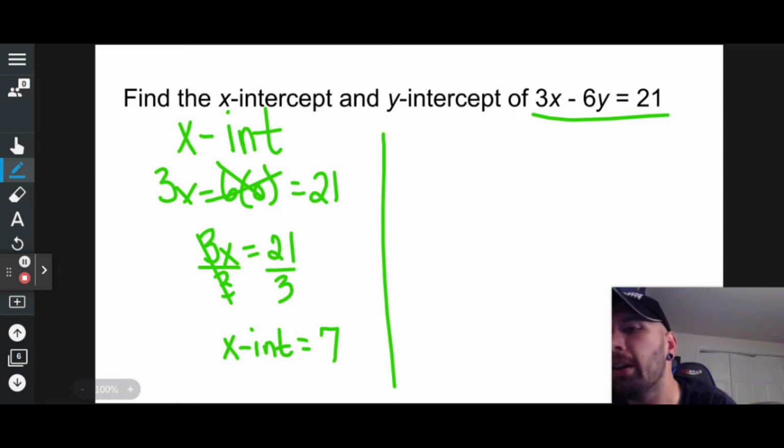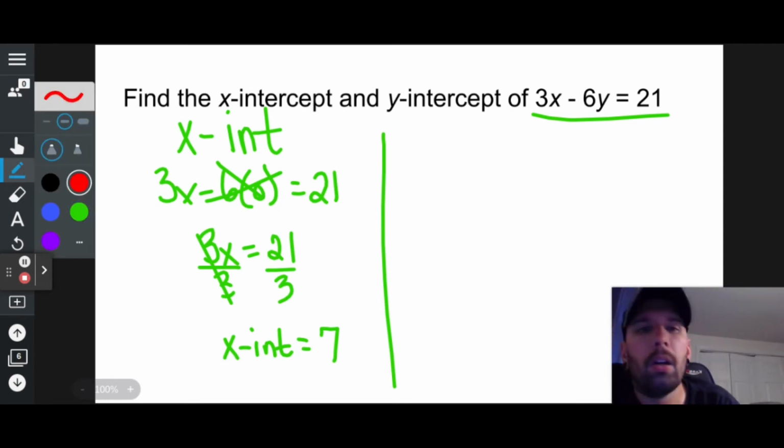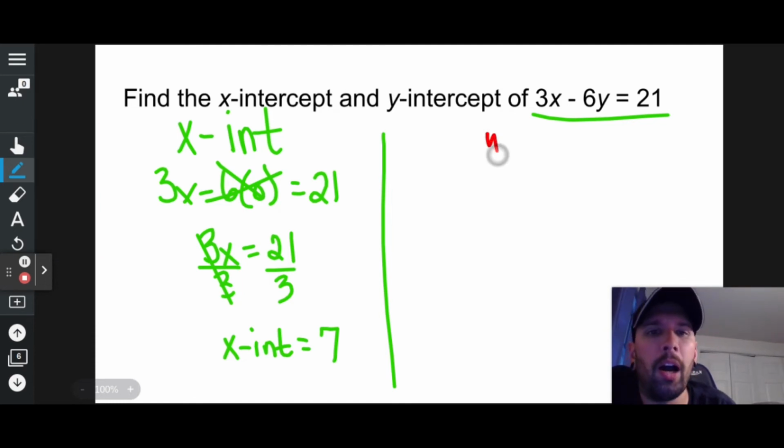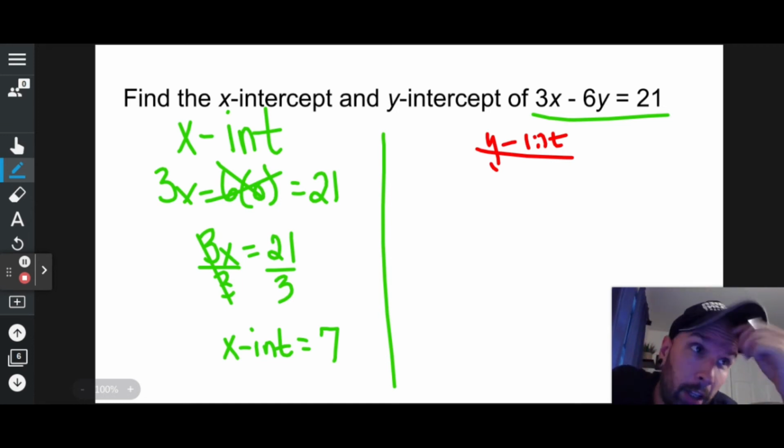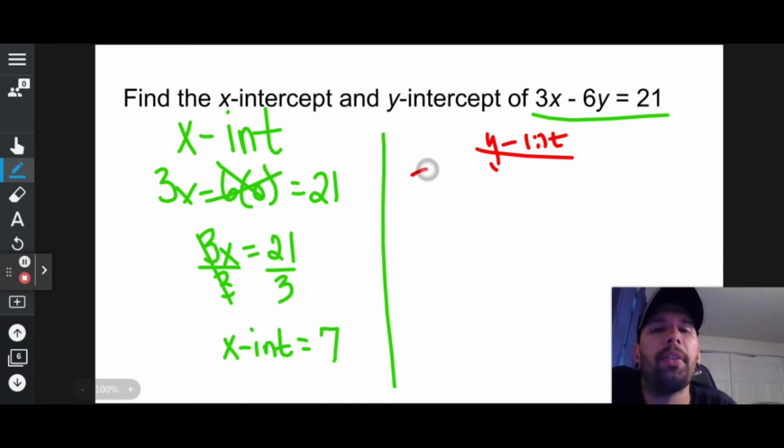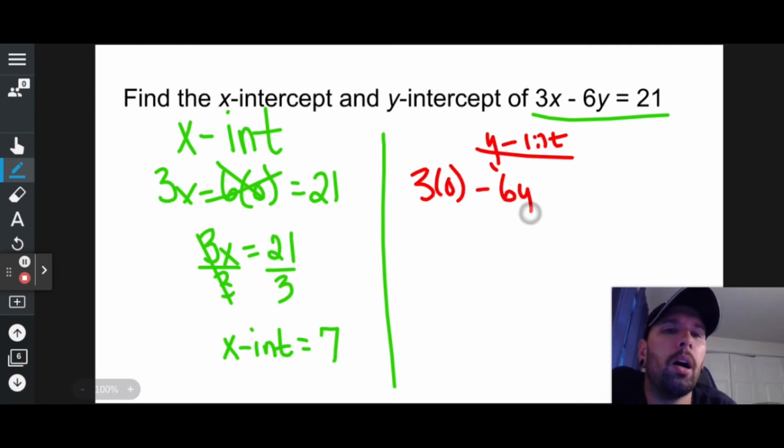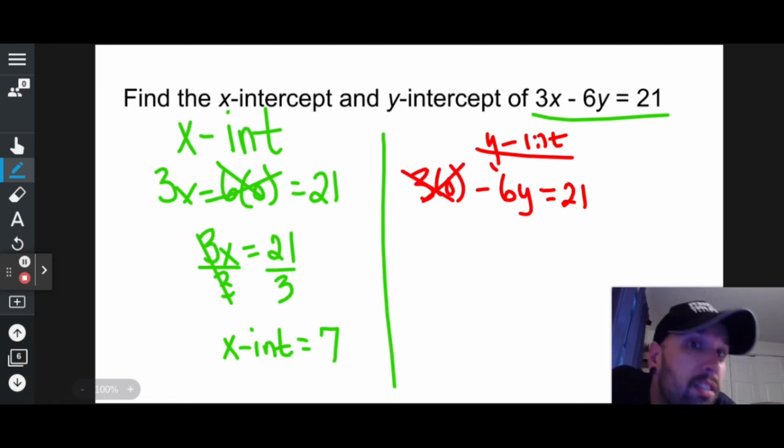To find the y-intercept, what I used to do is solve everything for y, but you know what? There's just an easier way to do it. I'm going to rewrite that equation, but instead of x, I'm going to put 0. 0 minus 6y equals 21. You're pointless.